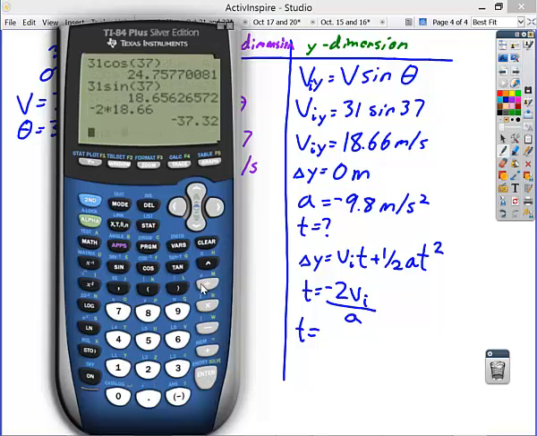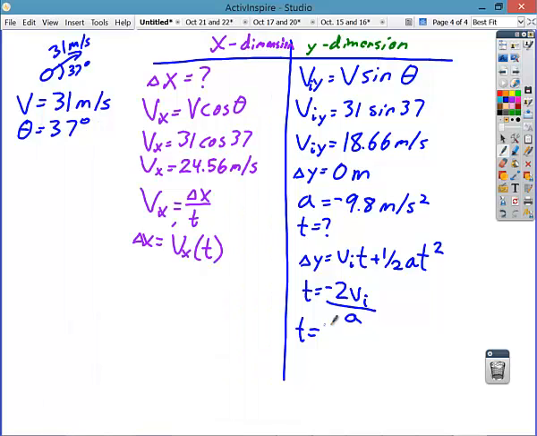And then I divide that by a, which is negative 9.8. And I get 3.81. I need to plug it into the x equation. So 3.81 seconds. And exactly like you just said, I'm going to plug it in over here.